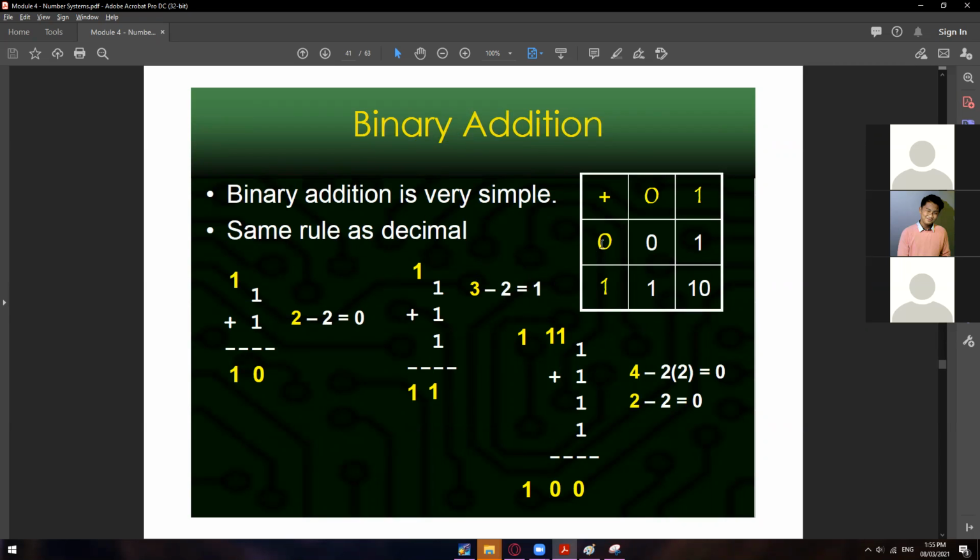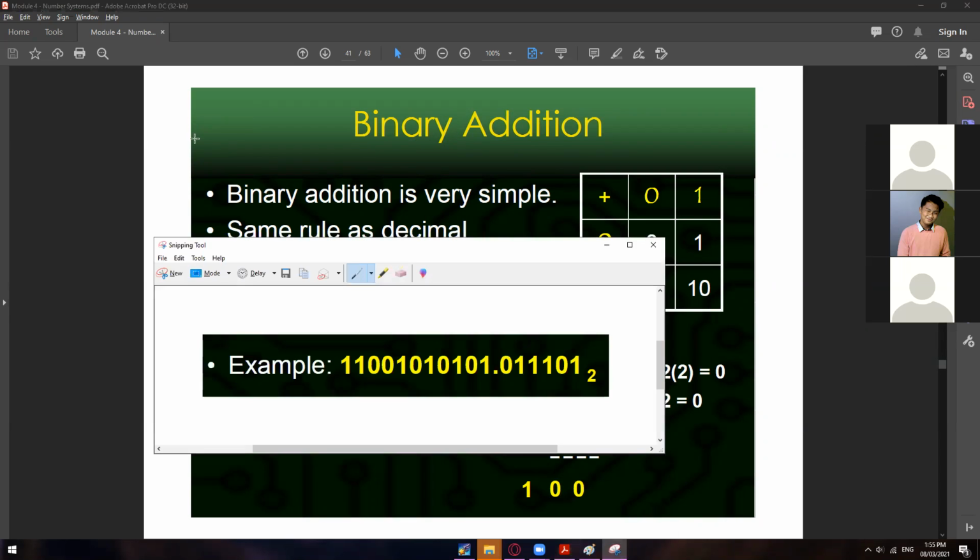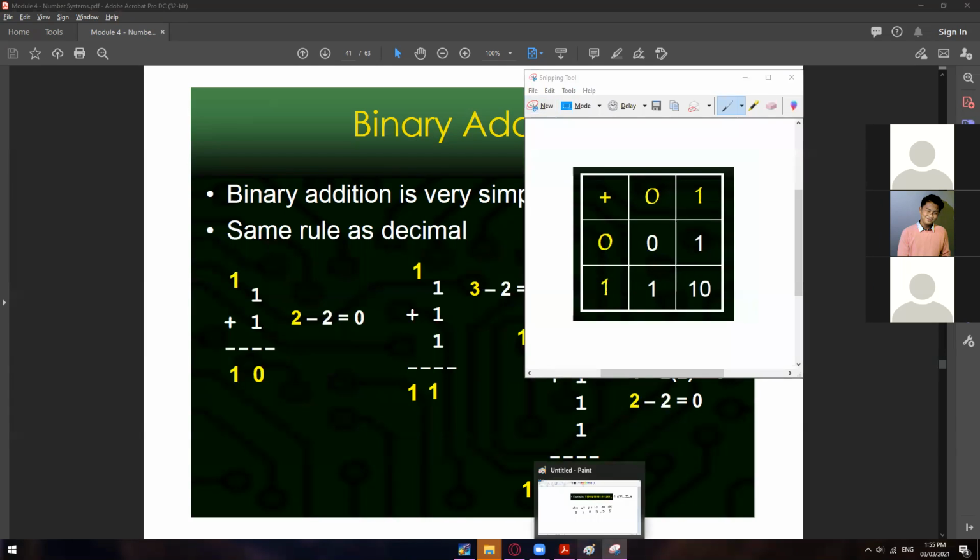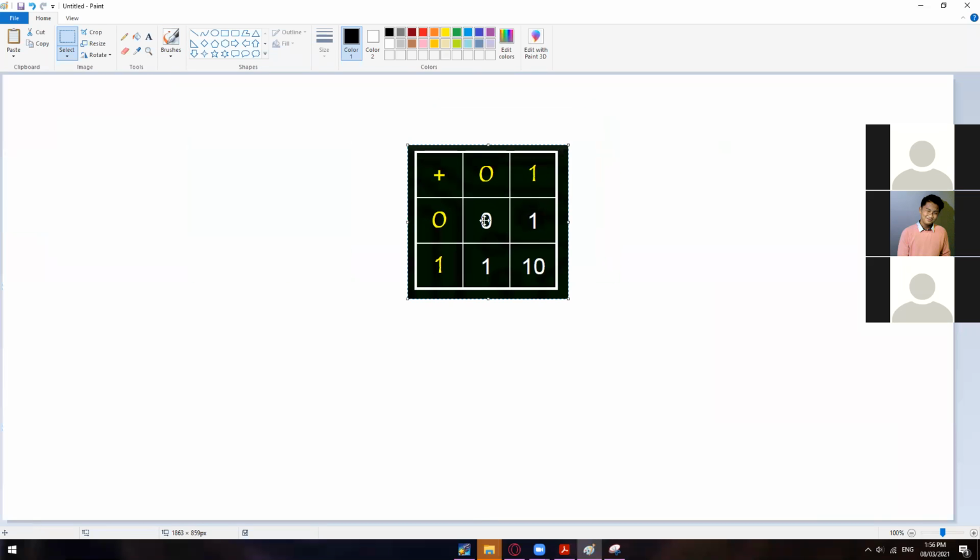So we have this cheat code table wherein you will see right here that 1 plus 1 is 10. 1 plus 0 is 1. 0 plus 0 is 0. And 0 plus 1 is 1, of course.